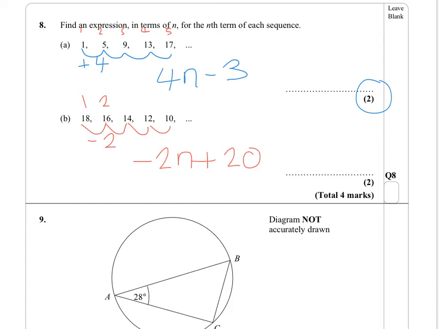We make n 2. Minus 2 times 2 is minus 4. Minus 4 plus 20 is 16. So we know it works there. So 2 marks again for that one. Quite a tricky question.